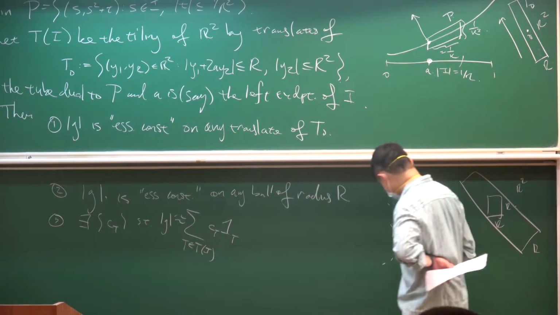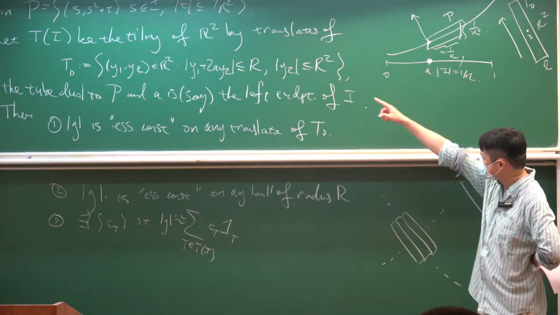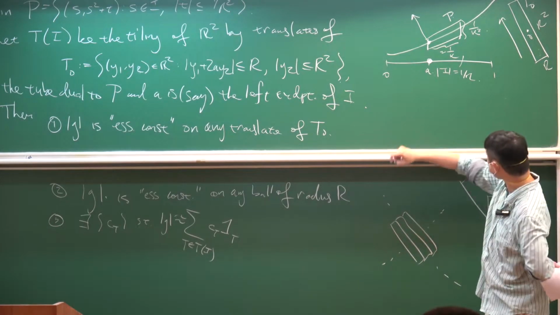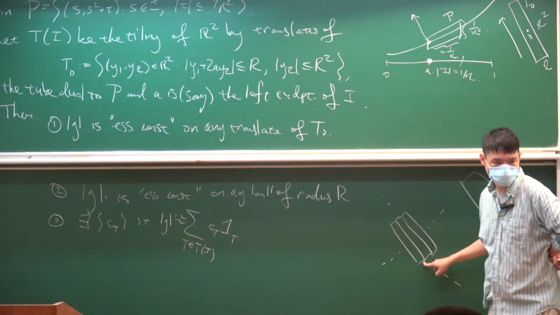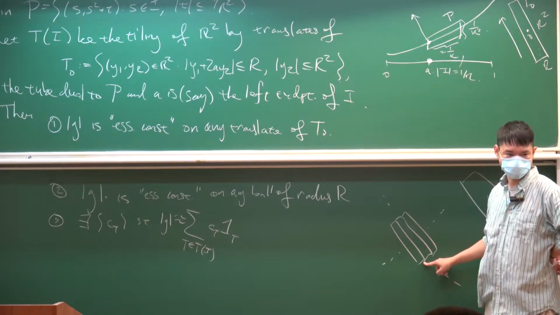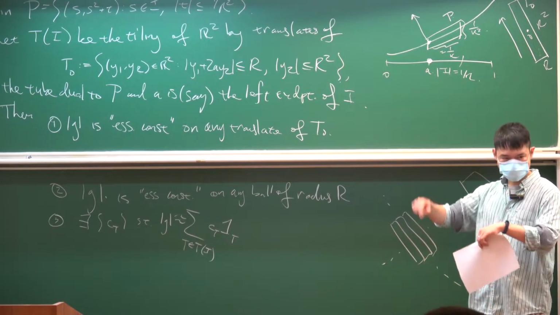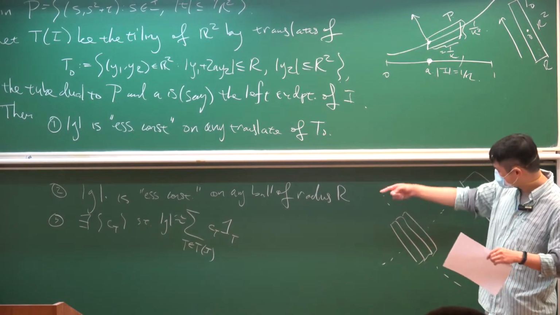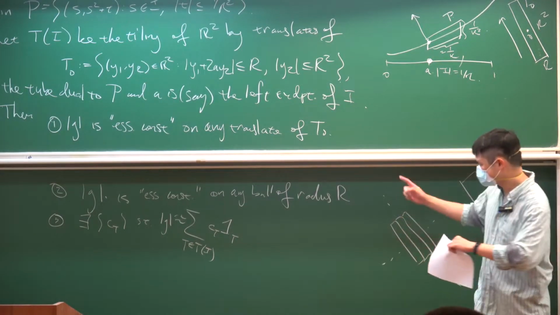This constant C_T will depend on G, it will depend on P, and on which translate, and you can write it out. It's some oscillation, e to the 2 pi times an integral of G times something. And of course, this is also heuristic.